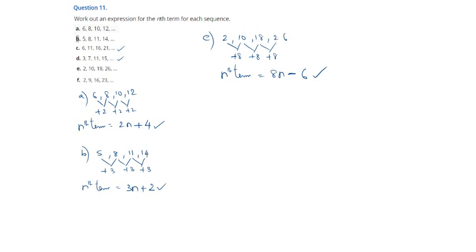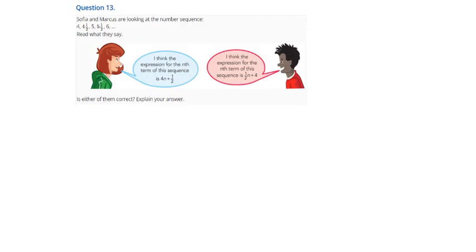Let's move on to the next sum. Sophia and Marcus are looking at the number sequence 4, 4 and a half, 5, 5 and a half, 6. Sophia thinks the nth term of the expression is 4n plus 1 by 2, and Marcus thinks the nth term of the sequence is half n plus 4.